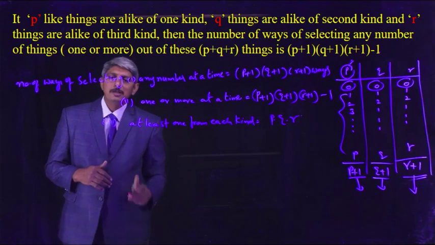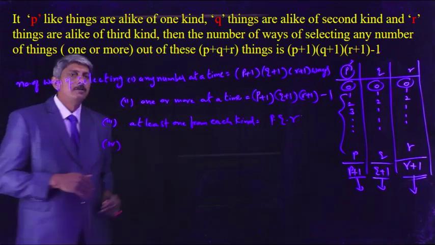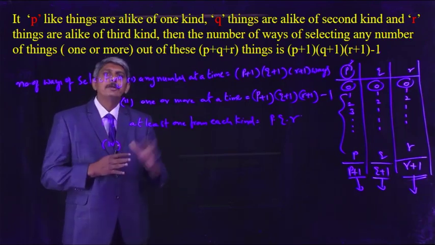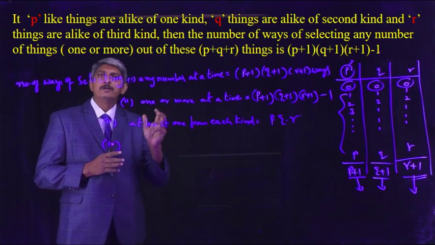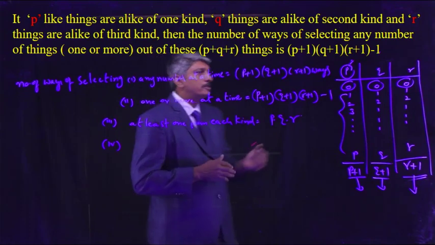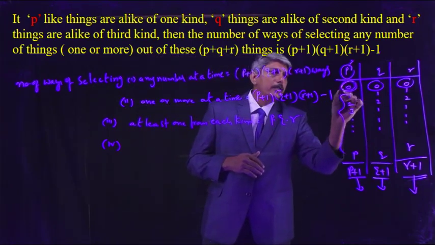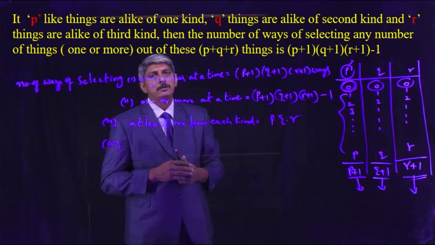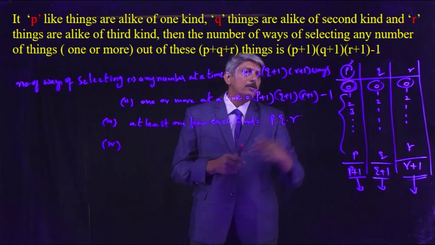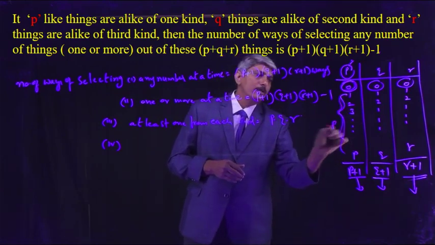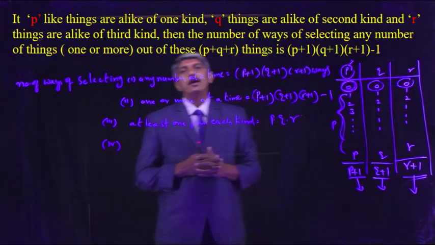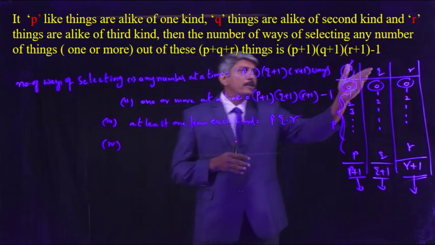The same question asked like this. Fourth one, the number of ways of selecting at least one from the first kind. At least one from the first kind means 0 is not included in the first operation. What cases arise for the first kind? 1, 2, 3 and so on. How many terms are these? These are P terms. And there is no restriction for Q and R. How many cases arise for Q?